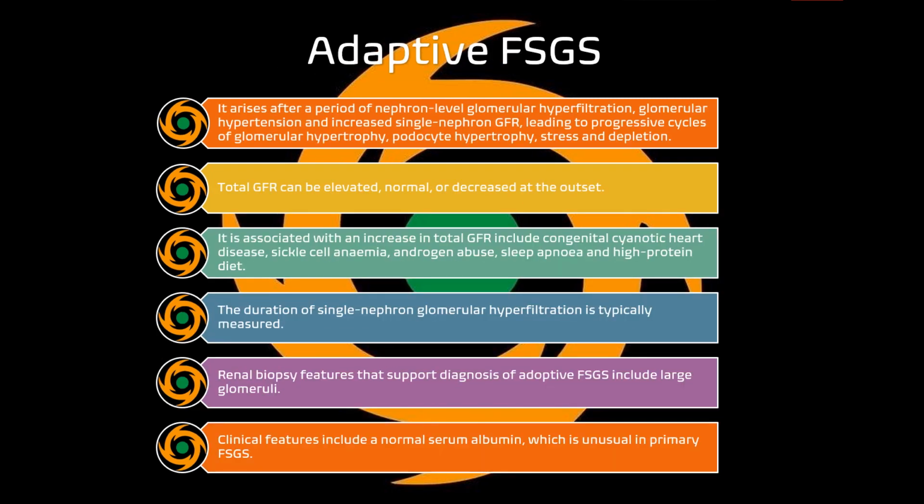In context of adaptive FSGS, it arises after a duration where nephron level glomerular hyperfiltration and glomerular hypertension, and increased single nephron glomerular filtration rate are at higher levels, leading to progressive cycles of glomerular hypertrophy and podocyte hypertrophy, stress and depletion as well.